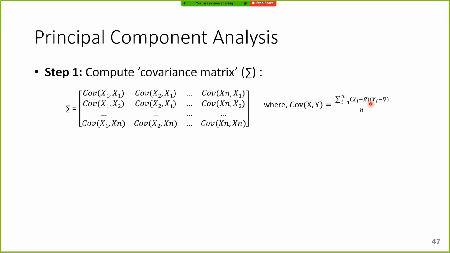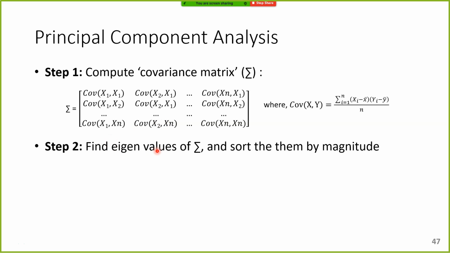We perform this mathematics, sum over all those data points, and then divide by n, and we get the covariance. We do this for every combination of, say, 10 variables. So in the end we will get a covariance matrix.